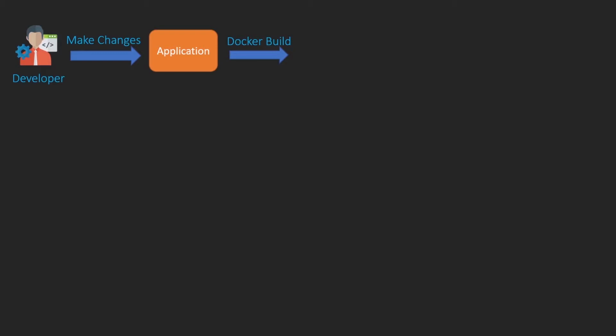When the Docker build is done, Docker bundles up the entire application with all its dependencies and configuration into a single image, which is basically a single file. If the developer does the Docker build locally, it will still do the same step and generate a Docker image.